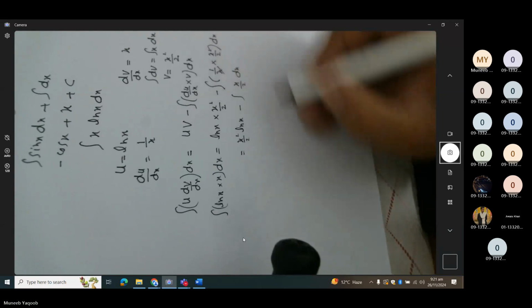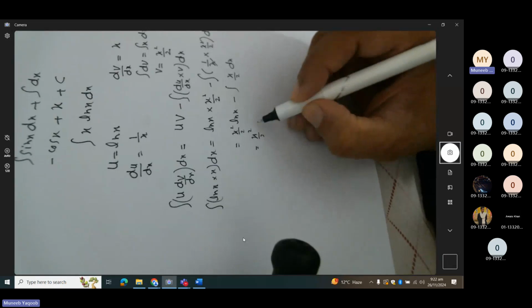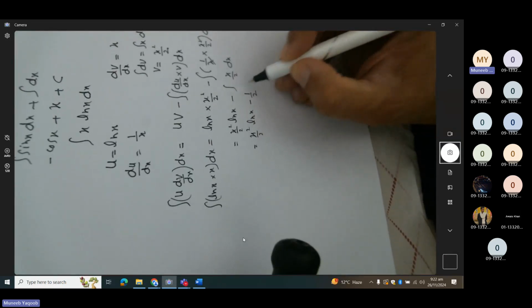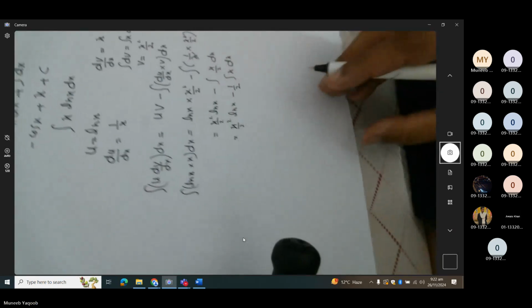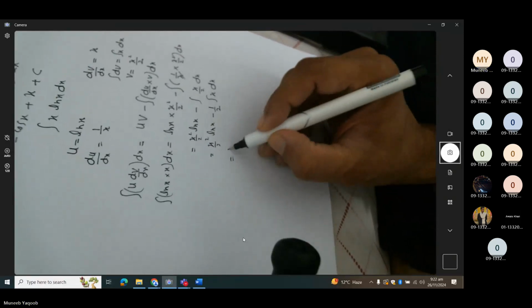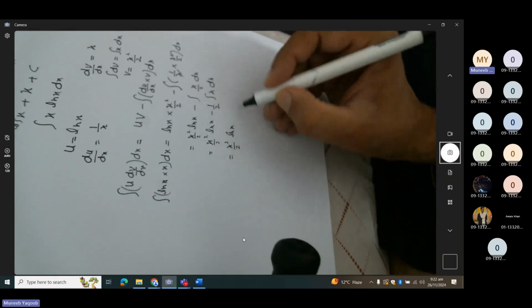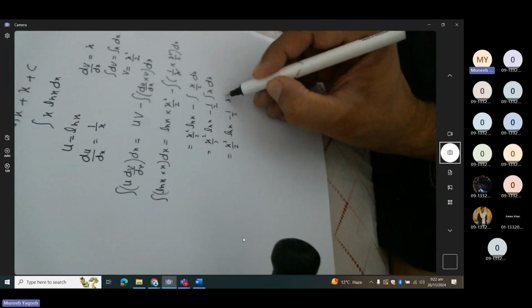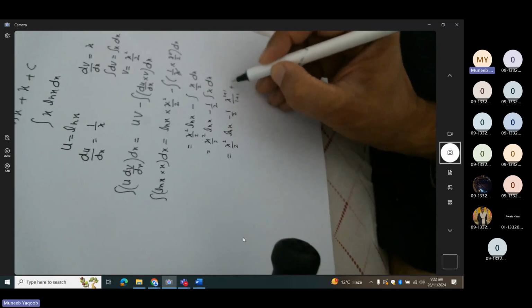dx. So finally, we will write x square upon 2 ln of x minus, we will take this 1 upon 2 common, integral x dx. So again, it will become x square upon 2 ln of x minus 1 upon 2 times integral of x dx, which is basically x power 1 plus 1 over 1 plus 1 plus c.